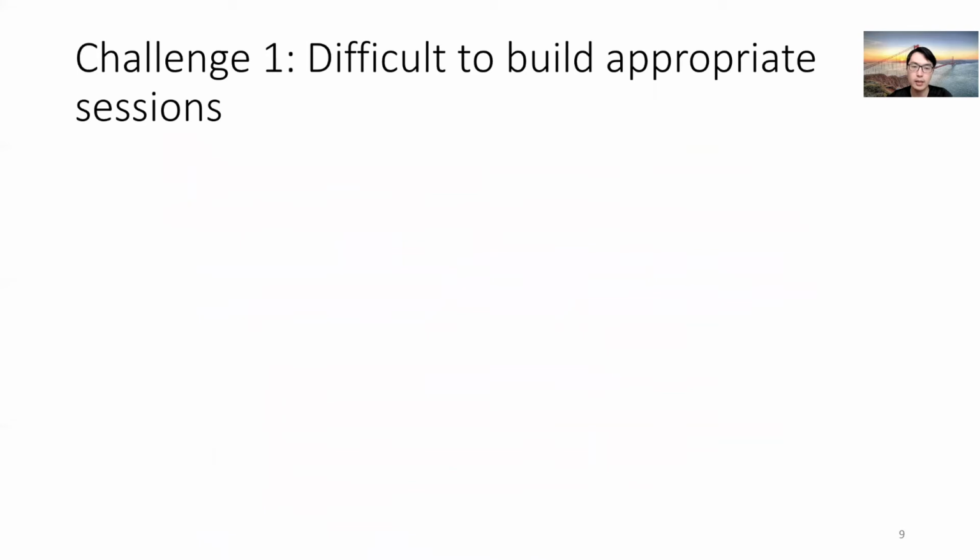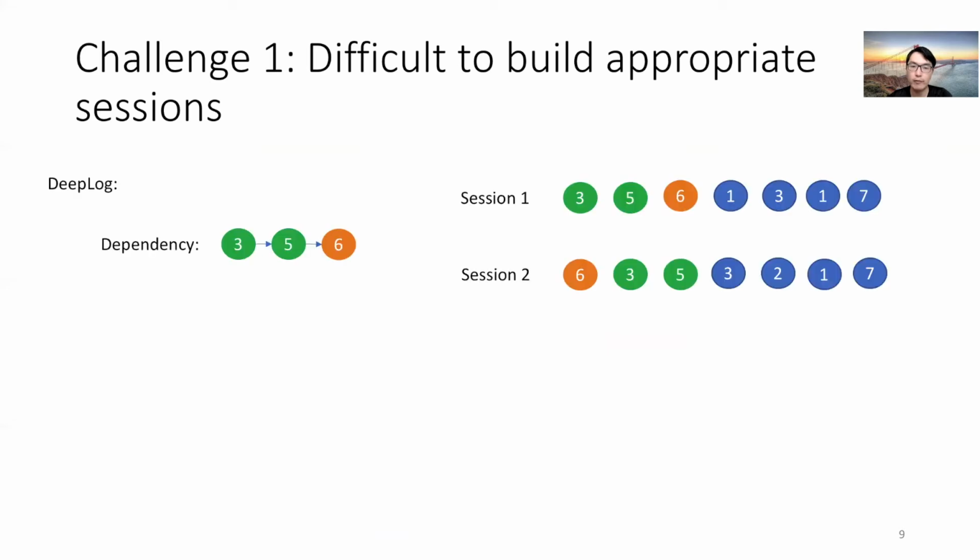For example, in systems where logs share a common identifier like HDFS, we can group logs into different sessions. For DeepLog, assume we have already learned such dependency from historical data. That is, 6 should be after 3 and 5. For session 1, 6 is after 3 and 5, so it is normal.